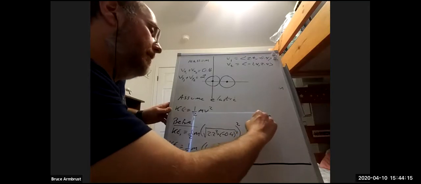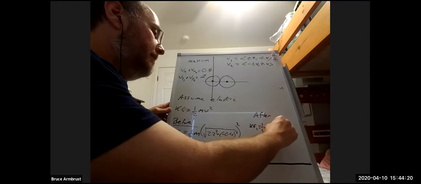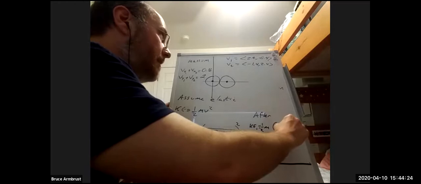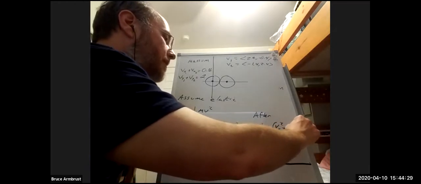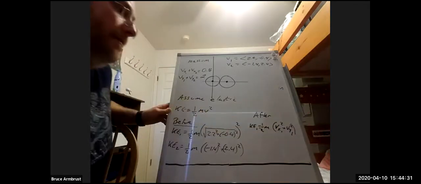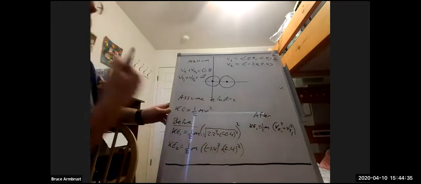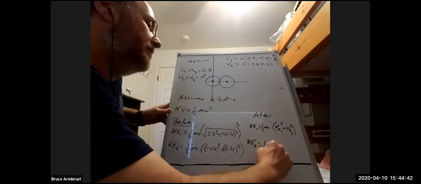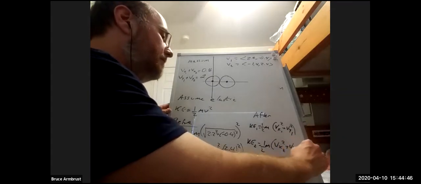So we're going to get kinetic energy 1, 1/2 the mass, times Vx1 squared plus Vy1 squared. Same deal. We're going to take the square root and then square it, but we're taking the components. And then for kinetic energy 2, same story, except put subscripts of 2. So Vx2 squared plus Vy2 squared.